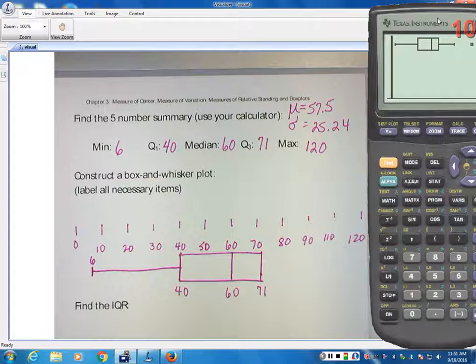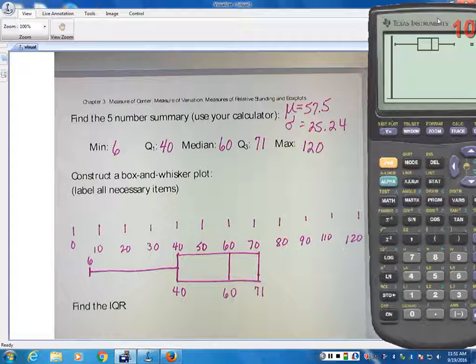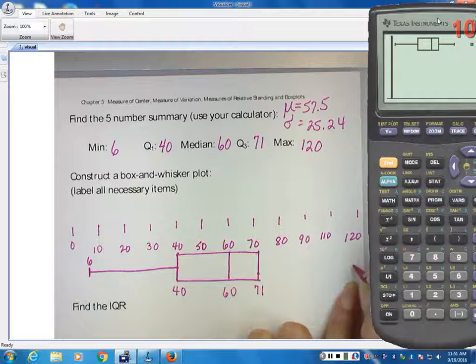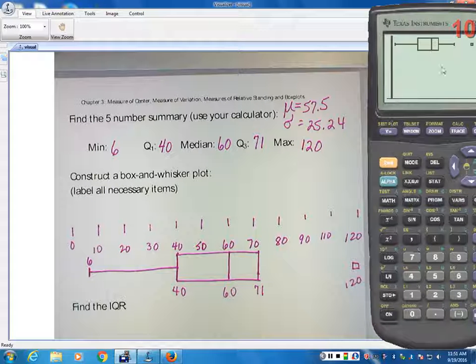And then on the upper end, since we know the 120 is an outlier, it's way up here. It's the maximum, but it's also an outlier. We need to figure out what this value is at the end of the whisker that doesn't quite go to the outlier.